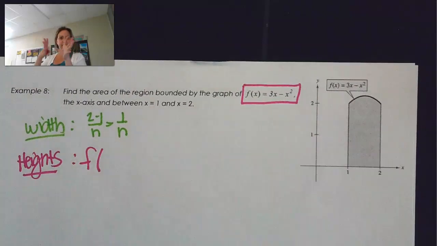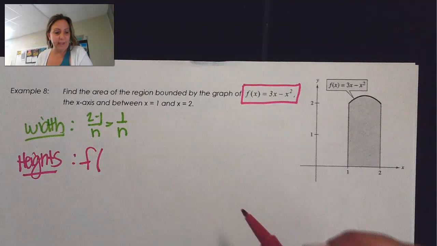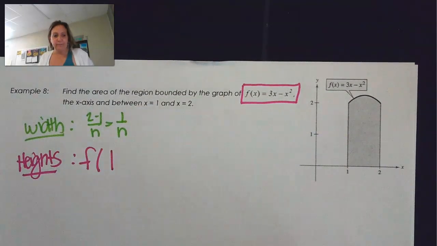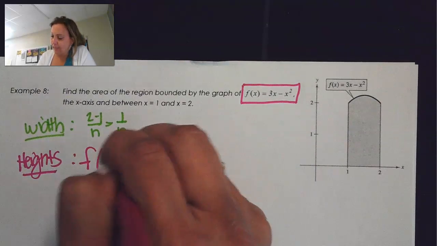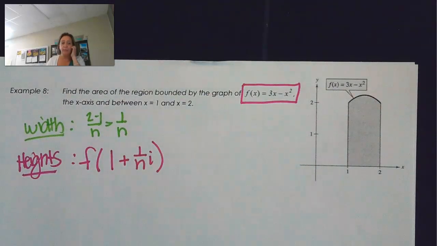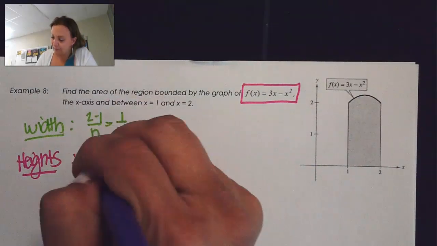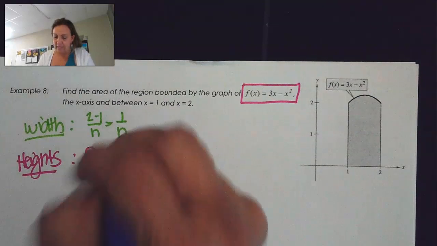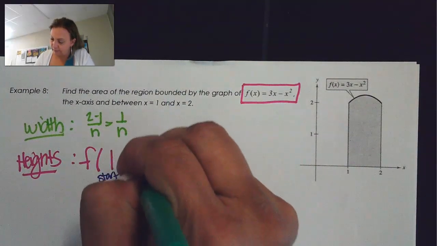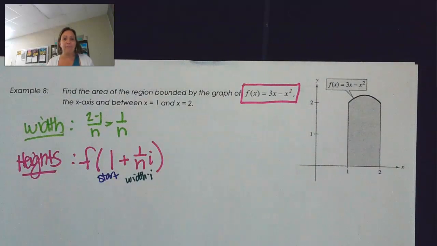We want to shift it over that 1, okay? So again, our start value is 1 plus our width, which was 1 over n, and then we're going to multiply that times i, okay? So again, this was my start value, and then this was the width times i. It's been that way every time, okay?